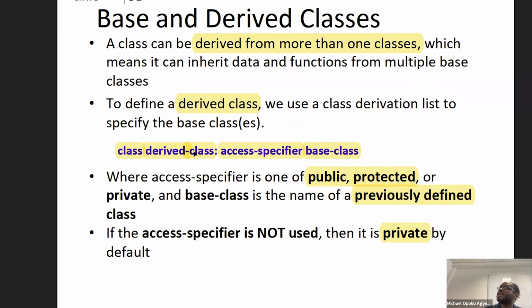Yes, derived is child class. So this is just syntax. We are creating a child class or derived class of this particular base class or parent class. The access specifier is how we want to inherit the contents of the parent.